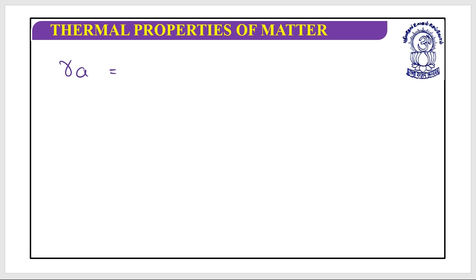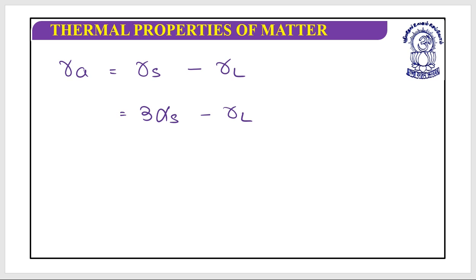Great. If in this question I have been asked about the apparent expansion of liquid, then I will write apparent expansion of liquid as apparent expansion of solid, or I should say volumetric expansion of solid minus volumetric expansion of liquid. This can also be written as 3 times alpha s minus alpha l.